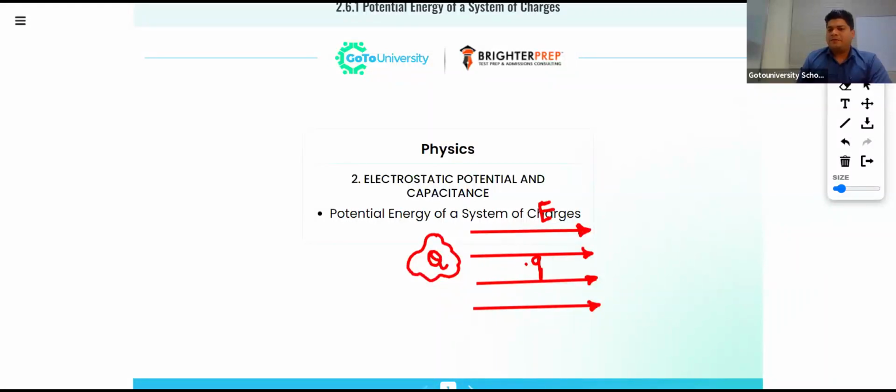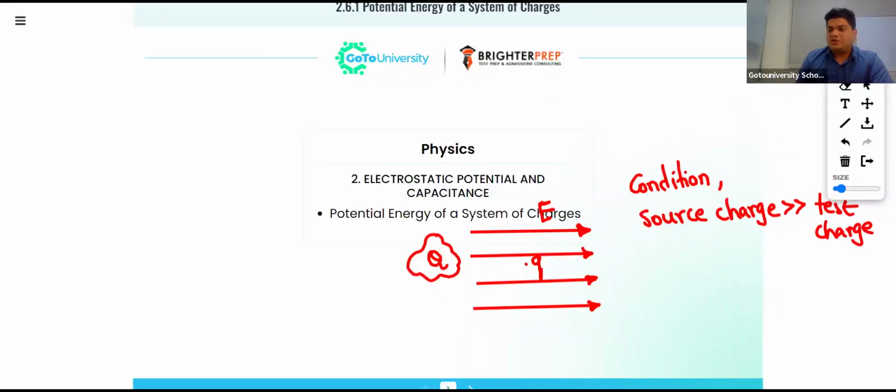what will happen? Due to system of charges, to find potential energy, what is the condition? The condition first, in our textbook it is written that the source charge should be very much greater than your test charge.